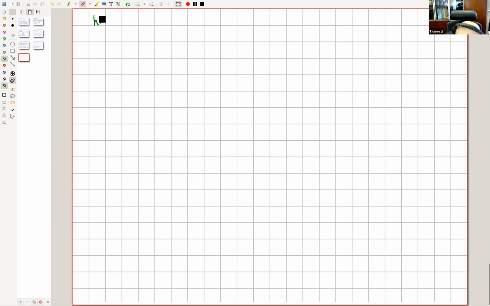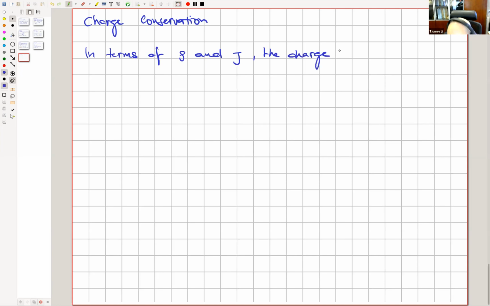So if I go back to my very original concept, I've got charge conservation. Now, who can tell me the equation that we had originally written down to show charge conservation? In terms of rho and j, the charge conservation is given by what?